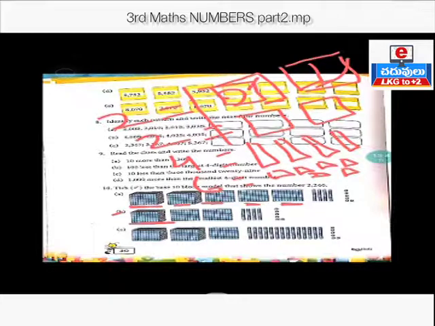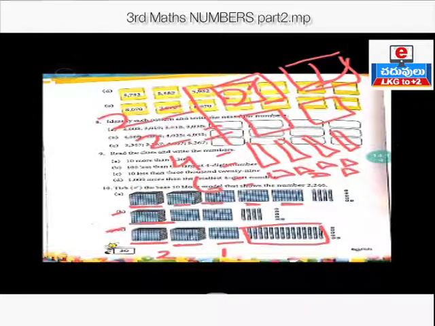So see the next option. So here see the next one. 2000. Here only one block, no? This is 2. This is 100. Here they given so many rods, no? In that rod, how many? 100 is equal to 10 rods, no?